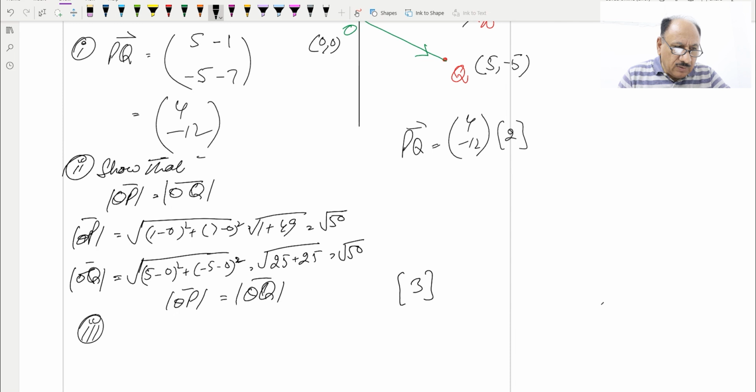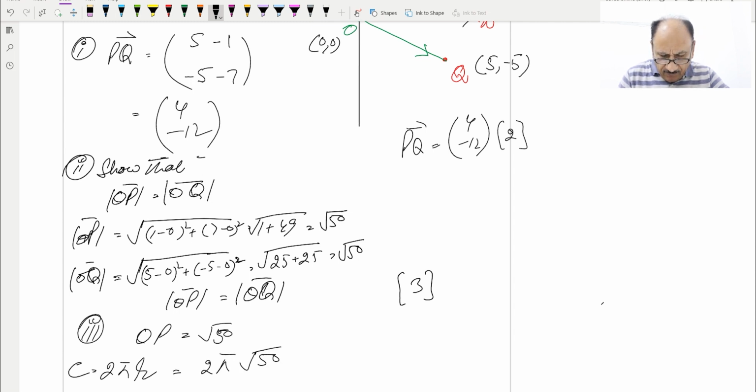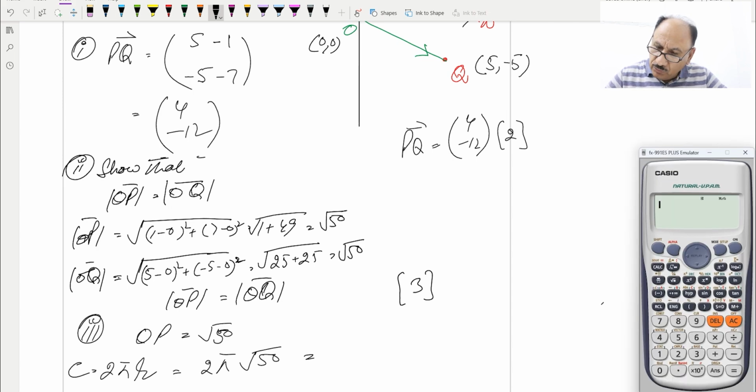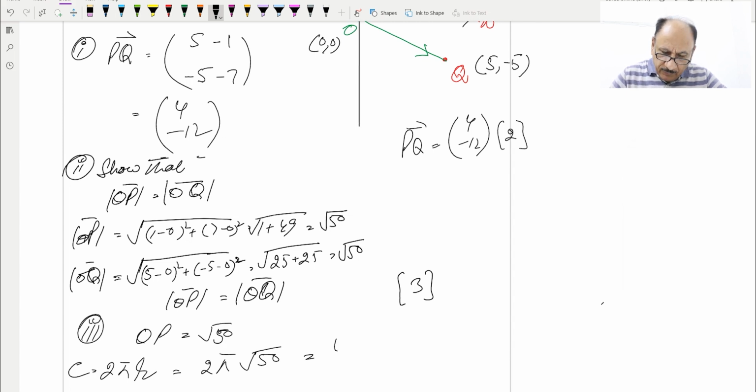OP is equal to root 50, so we can write 2 pi r for the circumference, which is 2 pi into root 50, and this will be equal to 44.4 up to 1 dp. 44.4 will be our answer, and this is for 2 marks which we have done.